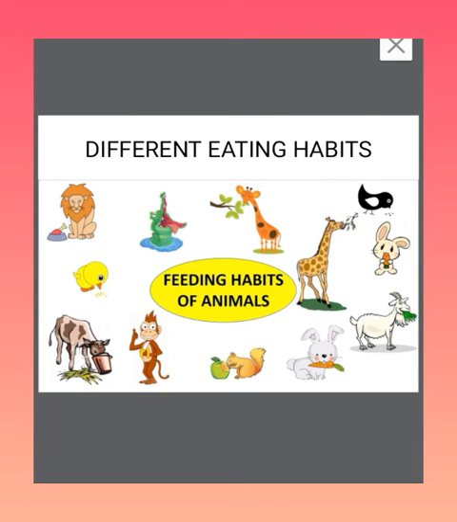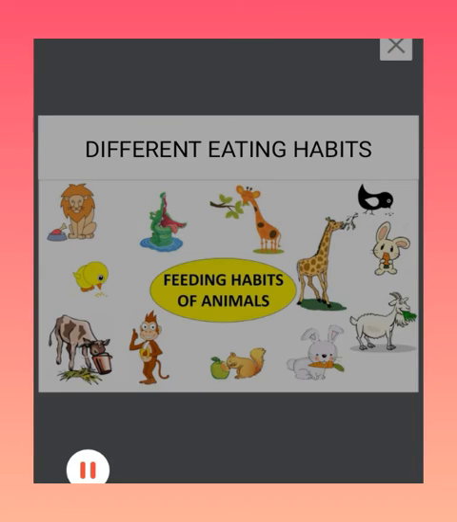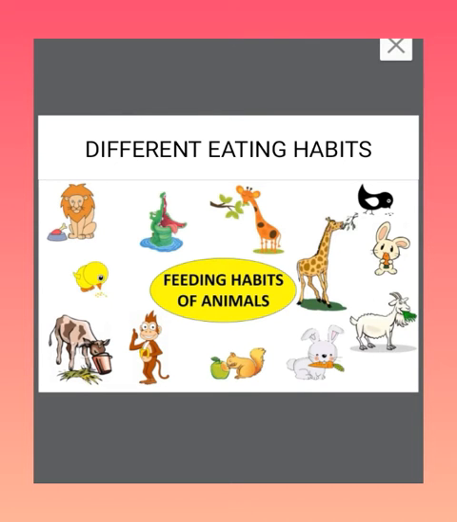Some people like Indian food, some people like junk food, some like healthy food, some like non-healthy food. These are their eating habits. Similarly, different animals have different eating habits.